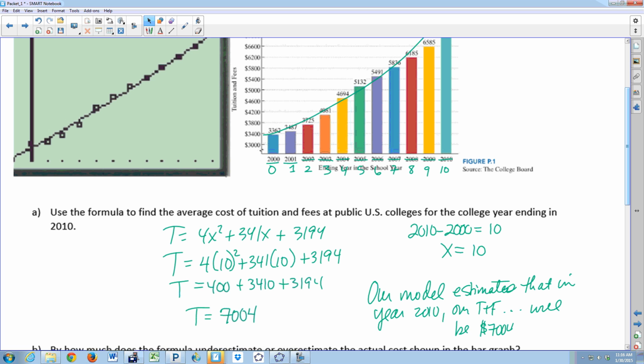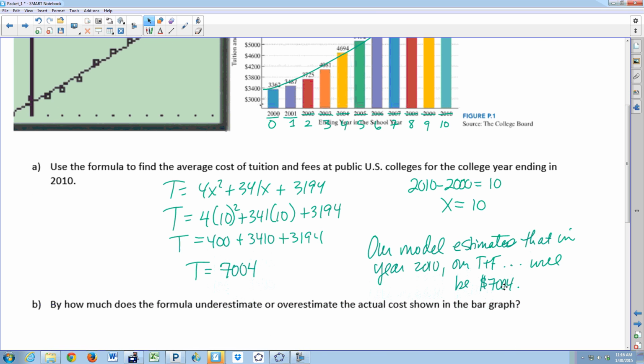So notice something here. When I wrote this sentence out, I'll be asking you to write sentences a lot for your answers. I've used the units. I didn't just write 7004. I gave the units that measured that number, which was dollars. And I converted the 10 to what it means in terms of its context.